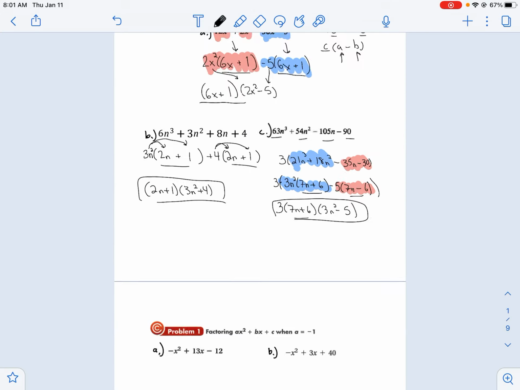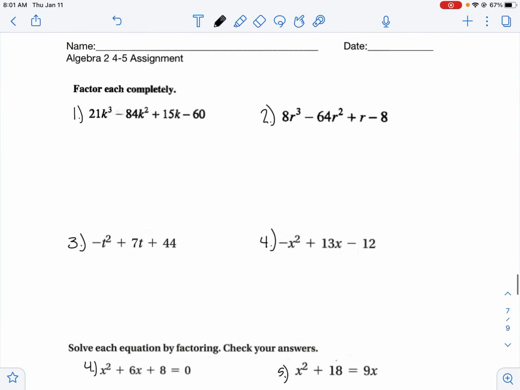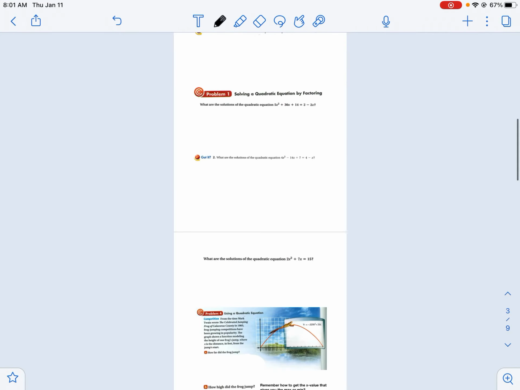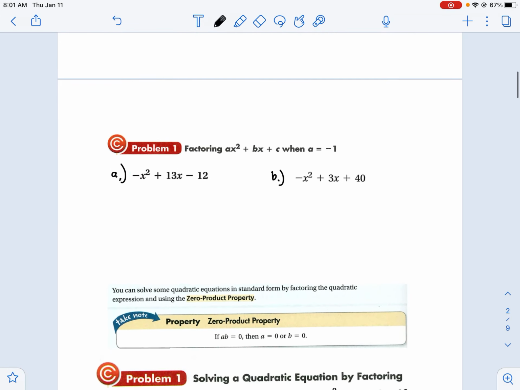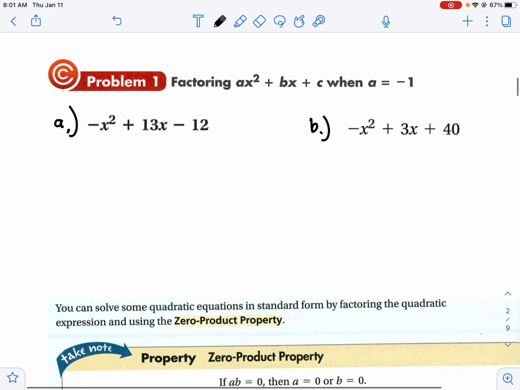All right, so now you can go ahead and work on 1 and 2, and I'll just do these two first. So this one, if you have a negative in front, just factor out the negative. I'm going to be really quick. See how it works when I distribute now?